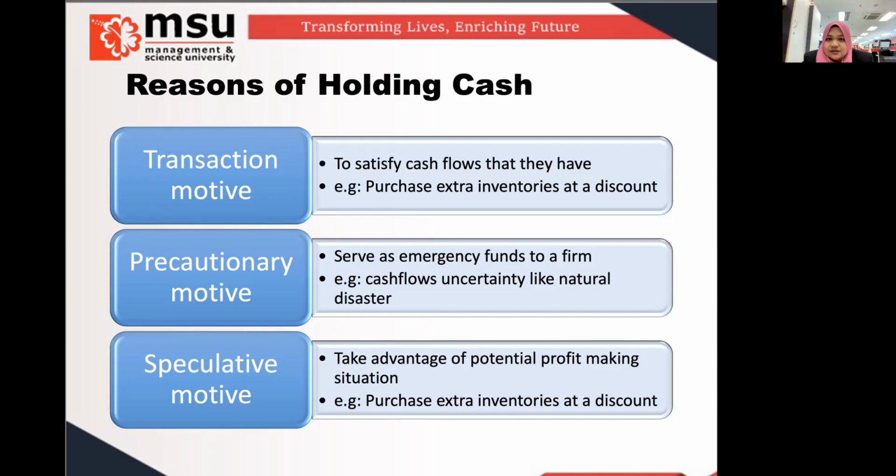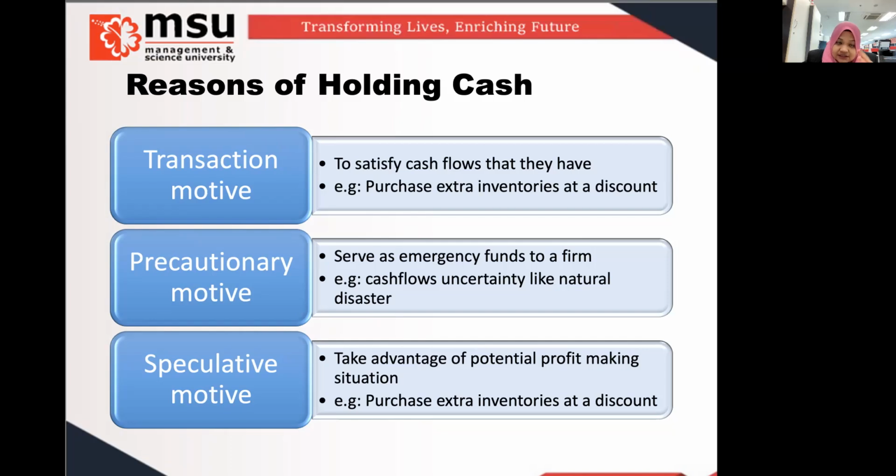You need to bring the staff to the hospital or the clinic. The doctor's consultation and the medicine that you buy for the staff all need cash. So it is for the precautionary motive. Without cash, you are not able to make sure this can be settled.